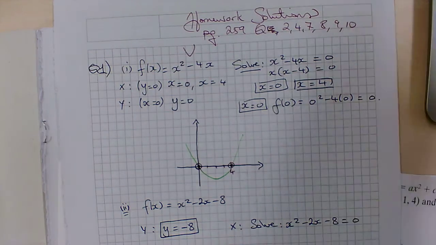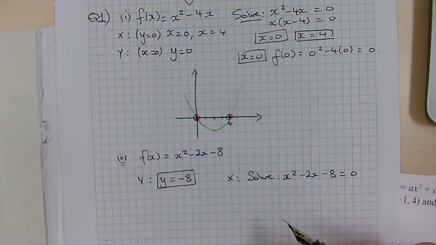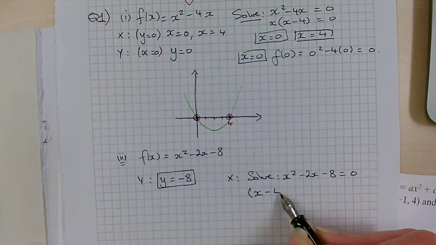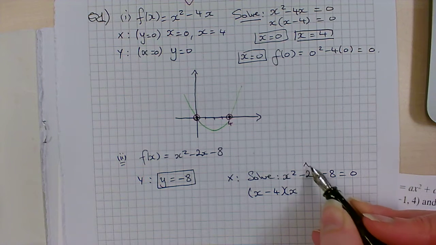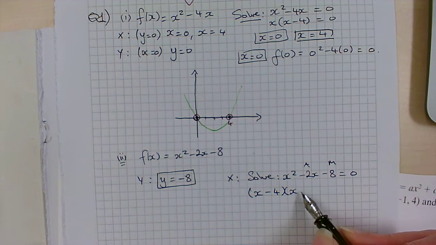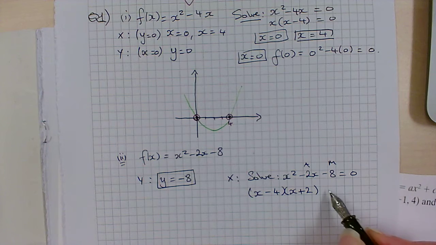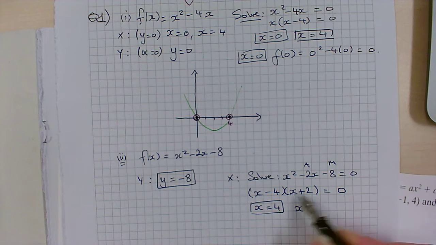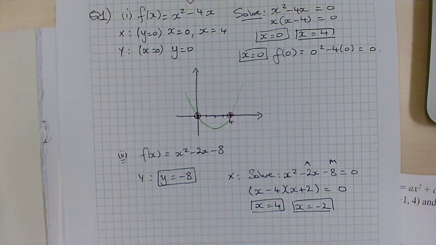You can use the minus b formula if you want, but with these ones, it's usually fairly quick to find the factors. So I'm looking for things that add to give me minus 2 and multiply to give me minus 8, and a minus 4 and a plus 2 are those. Then I set each factor equal to 0 and bring the number to the other side, which is why I change its sign, and those are the values that I get.